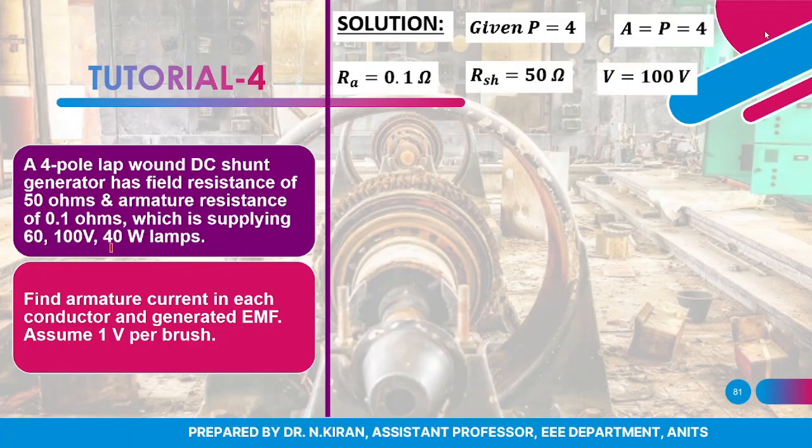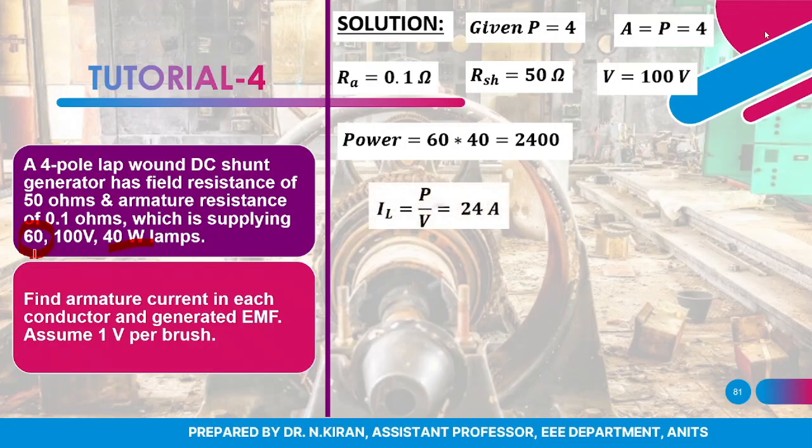So here clearly it is given that each lamp rating is 40 watts and we have 60 such lamps. So the total power rating will be 60 into 40, which is 2400 watts. So we know the power, we know the voltage, so load current will be power by voltage, which will be around 24 amps.